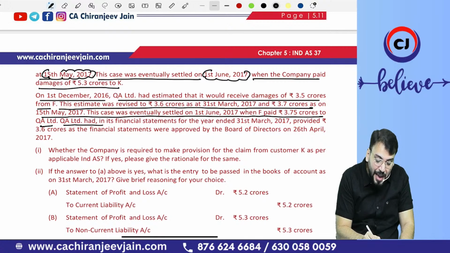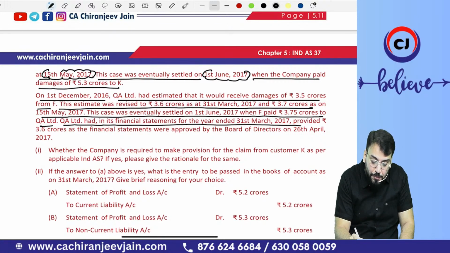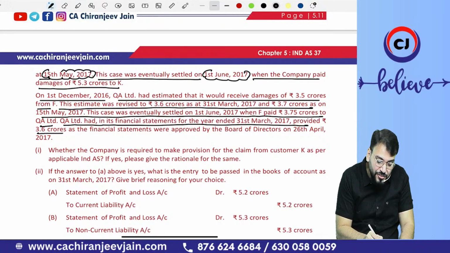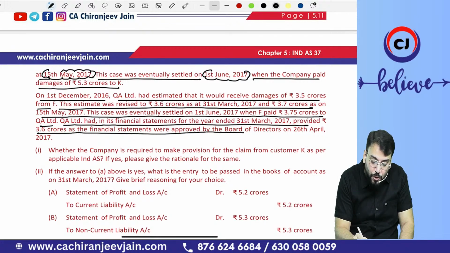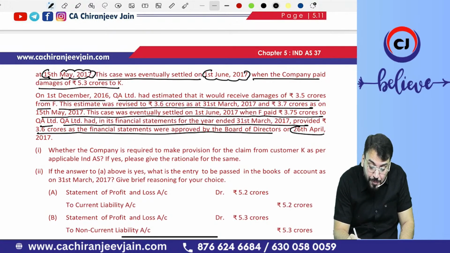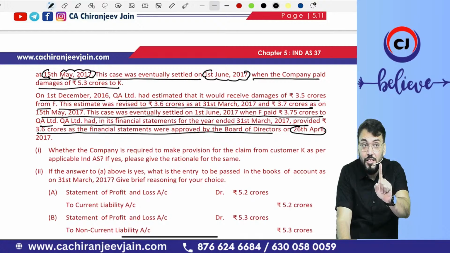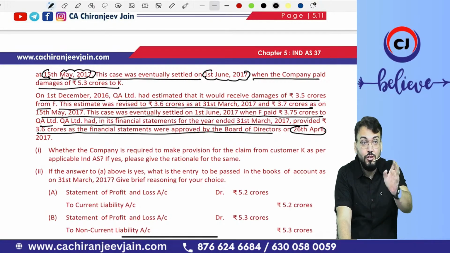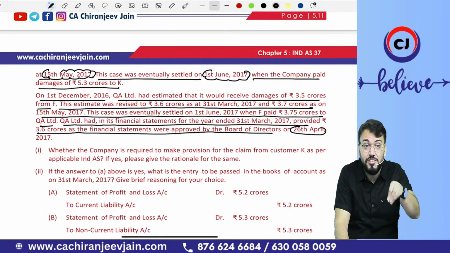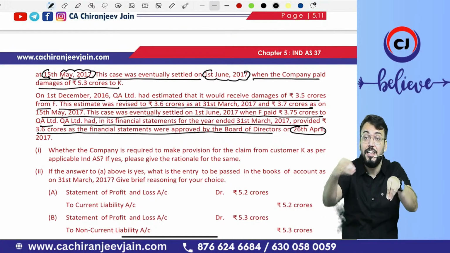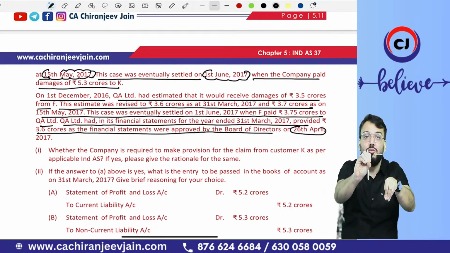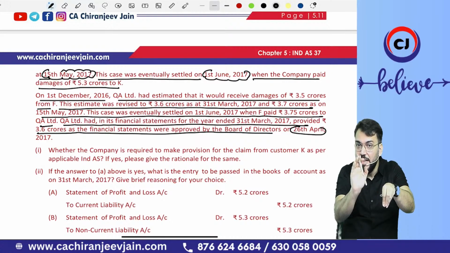QA Limited, in its financial statements for the year ended 31st March 2017, provided rupees 3.6 crore, as the financial statements were approved by the board of directors on 26 April. Means what is the approval date? 26 April. So you have understood there is some date of approval also, means it is a combination of Ind AS 37 and Ind AS 10. So I am assuming that you know AS 4.